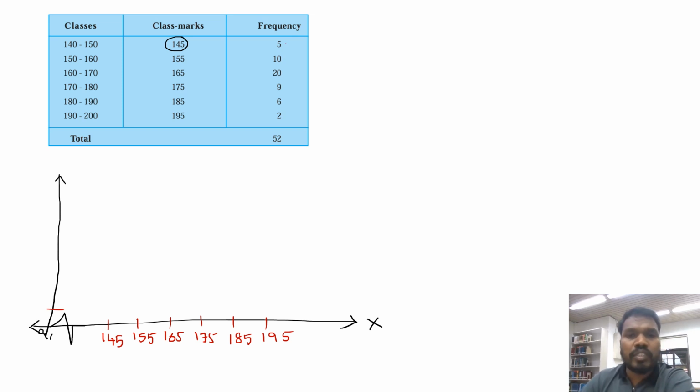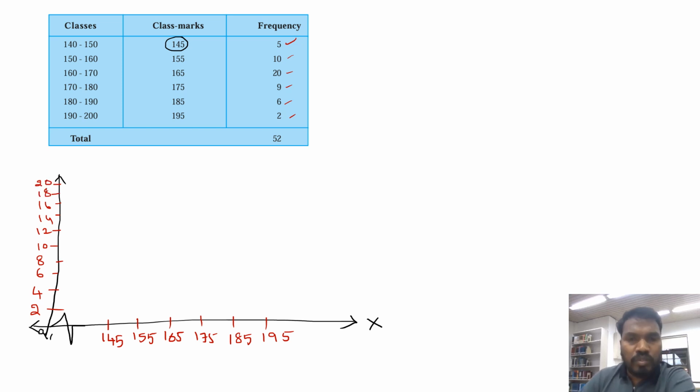Okay. And then you take the frequencies along the y-axis. The frequencies are 5, 10, 20, 9, 6 and 2. I am taking the scale of 2. It is up to you. You can take a proper scale: 2, 4, 6, 8, 10, 12, 14, 16, 18 and 20.